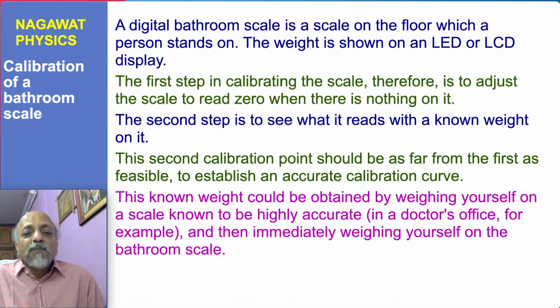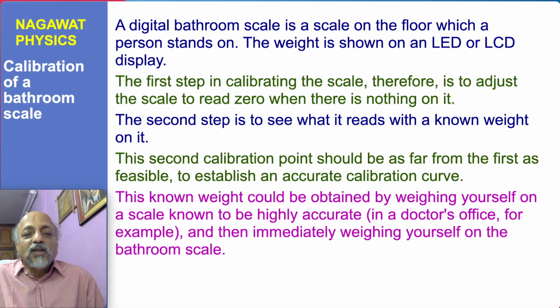The first step in calibrating the scale generally involves calibrating the zero, which means that it should show zero when there is nothing on it. That can be checked, and by following the procedure described in the technical manual or user manual, you can correct the zero error if present.